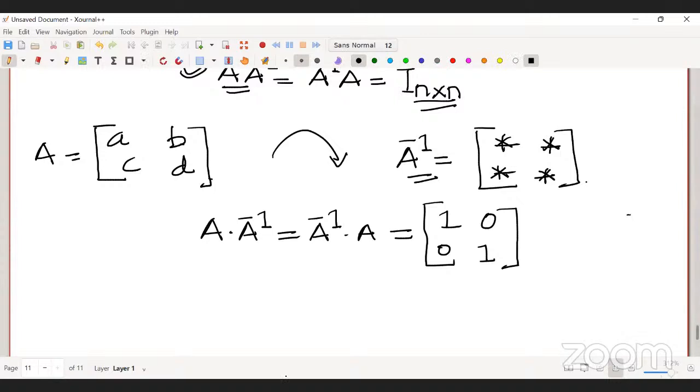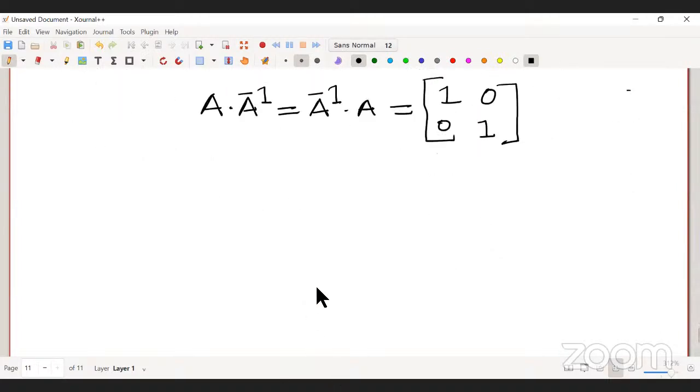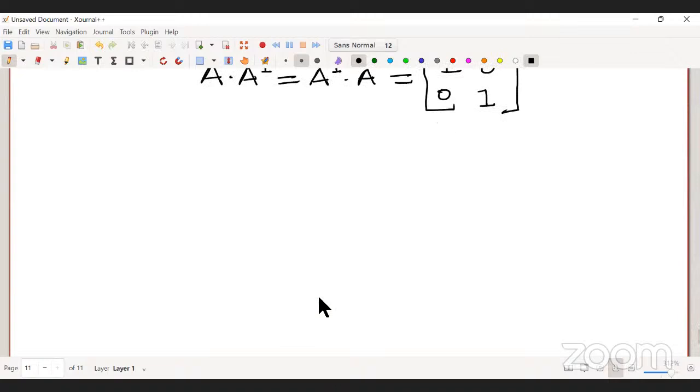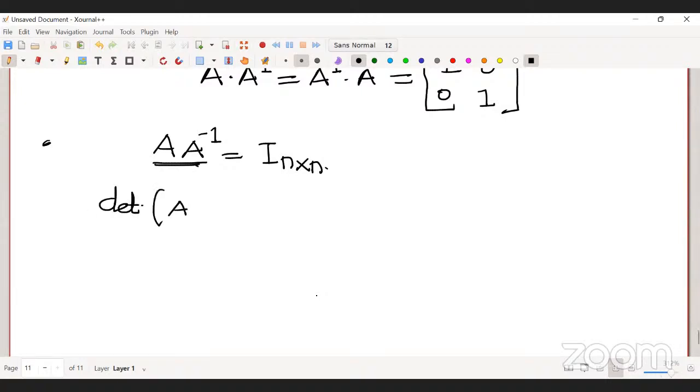Okay. So what is the property of the inverse matrix? It satisfies this condition. If A is a matrix of order n, then A inverse satisfies this condition. This is basically matrix multiplication: I'm multiplying A with A inverse and I am getting the identity matrix. Now if I take the determinant of both sides, what is the determinant of the identity matrix of order n cross n? 1.